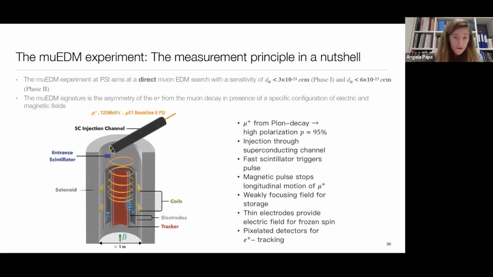For that, we will have a tracker that allows us to measure the direction and the point from which the positron has been emitted. We think of building this detector as a combination of plastic scintillators and silicon devices.